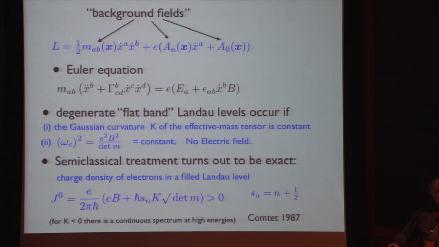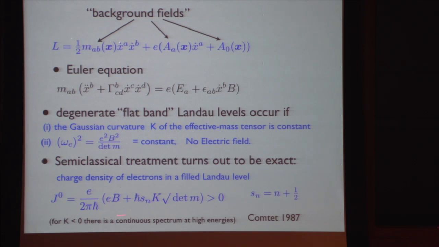There's an equally good mathematical solution on the hyperbolic plane. And to get these flat band, macroscopically degenerate Landau levels, the conditions are, first of all, just as on the flat surface, the constant effective mass tensor, that the cyclotron frequency has to be constant. But the other condition is just that the Gaussian curvature has to be constant too.